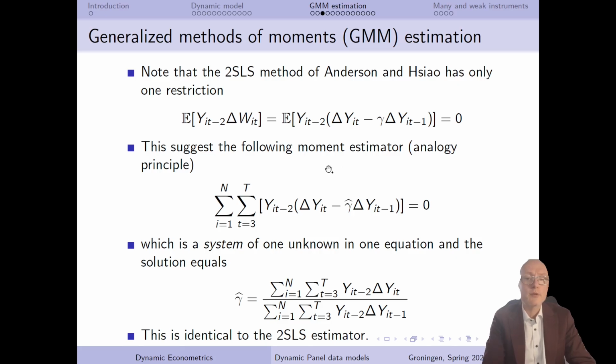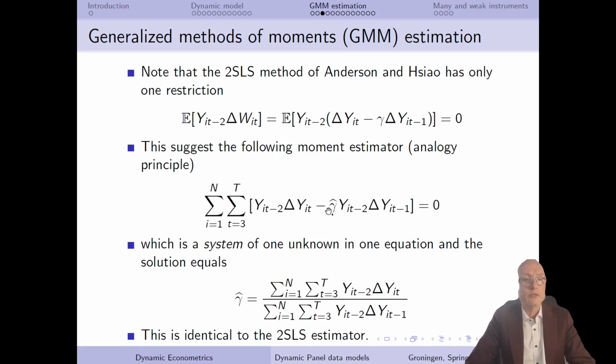And then we can get rid of the parentheses. We can multiply, of course, y_i,t-2 with this minus gamma hat times delta y_i,t-1 in order to get rid of the parentheses. So then we get these two terms over here. Then the next thing that I can do is write this as two different sums: one sum of y_i,t-2 multiplied by delta y_it, minus gamma hat multiplied by the sum over y_i,t-2 multiplied by delta y_i,t-1.